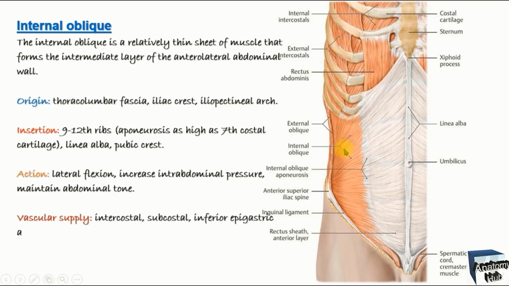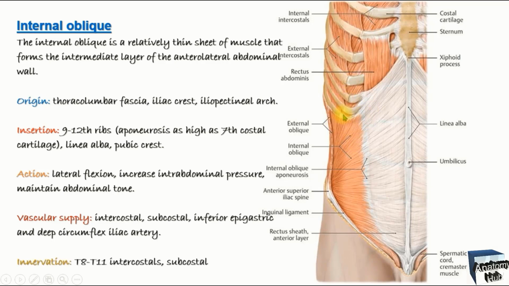Its insertion goes upward and forward, okay, and attaches to the 9th to 12th ribs, and ultimately the aponeurosis, as high as the seventh costal cartilage and the linea alba over here, and it also gives insertion at the pubic crest, okay. At this point you'll find the pubic crest, right?